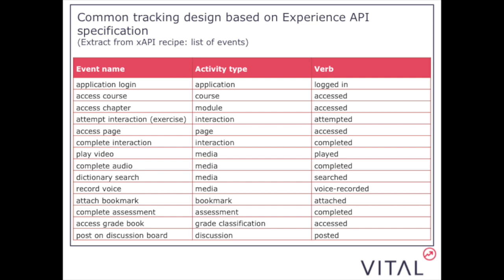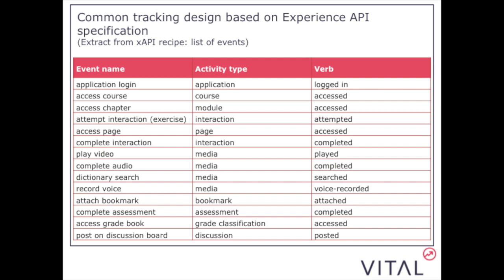For example, when a student has attempted an interaction, this is an exercise, then the verb is attempted and the activity type is interaction. When a student has posted a comment, then the verb is posted and the activity type in the xAPI specification is discussion. So this uniform way of describing and logging the learning activities makes it possible to compare, of course.